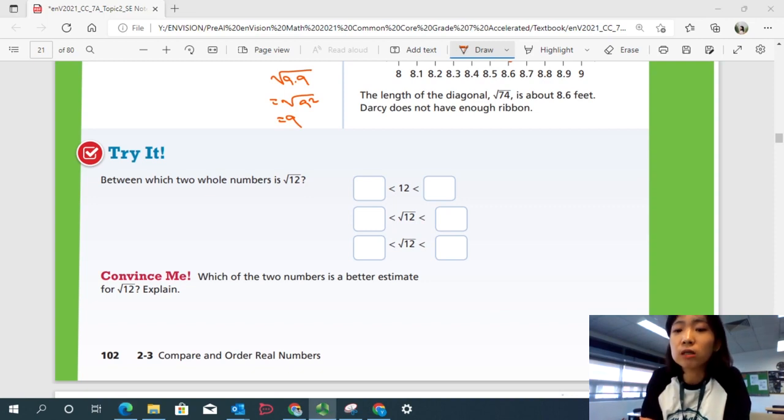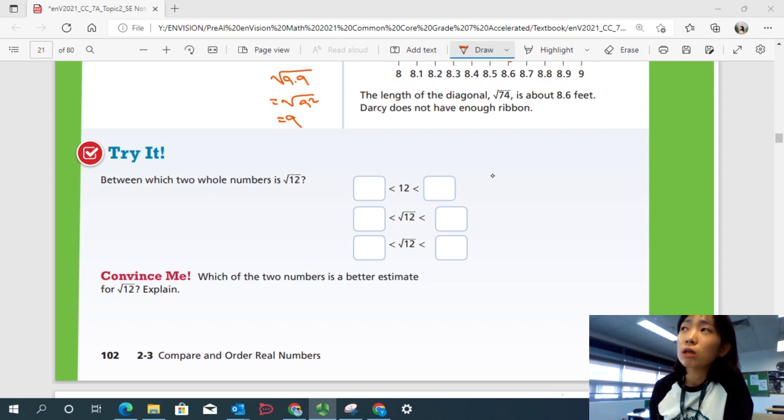Okay, first of all, what is 12 between? Here you're supposed to write perfect squares. Between which two perfect squares would 12 be?